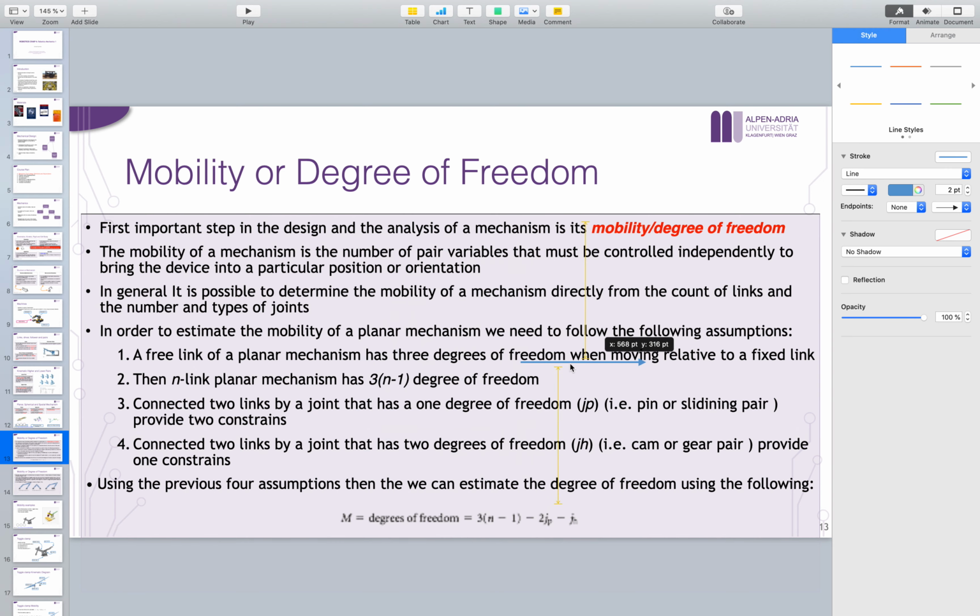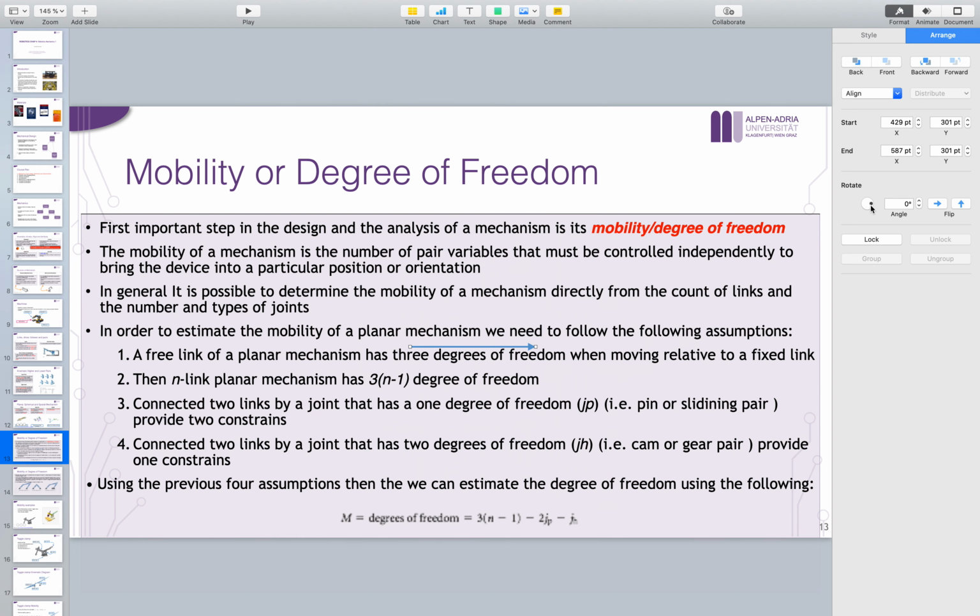I can translate it along the x-axis. I cannot translate it along the z-axis, right? Because it is 2D, so it is a planar mechanism. I can, of course, rotate it around the z axis.